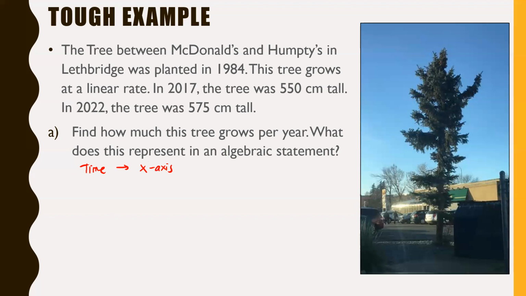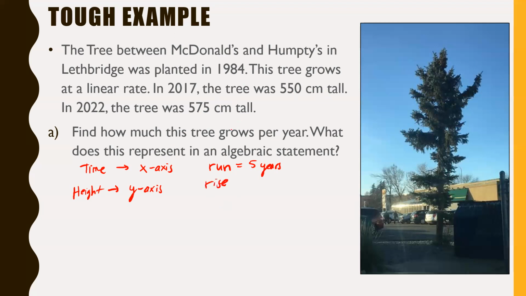So since time is our x-axis, and we went over 5 years, we can say our run, hint, hint, is 5 years. Now, the amount that the tree grew in that time, it went from 550 centimeters to 575 centimeters. So height in this case must be our y-axis. And since we went from 550 to 575, that certainly rose a bit, haha, right?